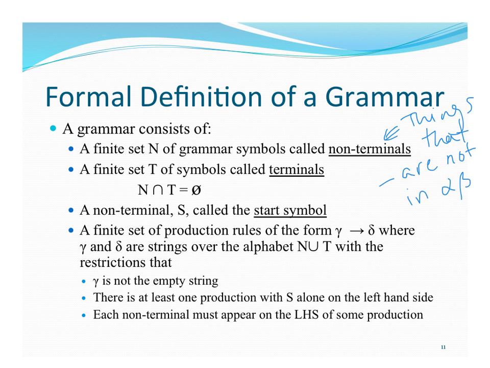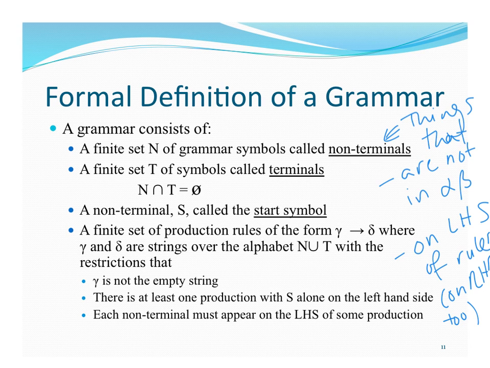And they are also on the left-hand side. I'm writing LHS for left-hand side of my rules. Okay, that's the non-terminals. They may appear on the right-hand side too, right? But definitely on the left-hand side.